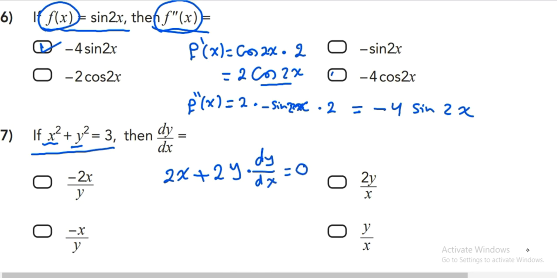Second step, we have to make dy by dx separate. So it's 2y dy by dx equals, and move 2x to the other side, it will be negative 2x.